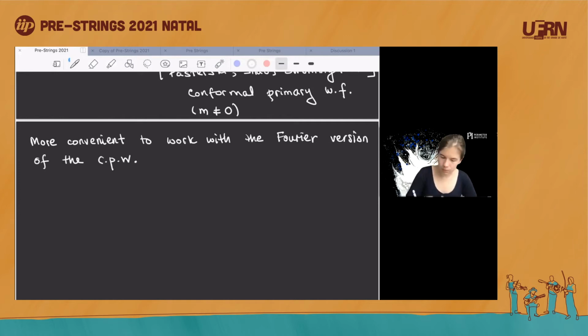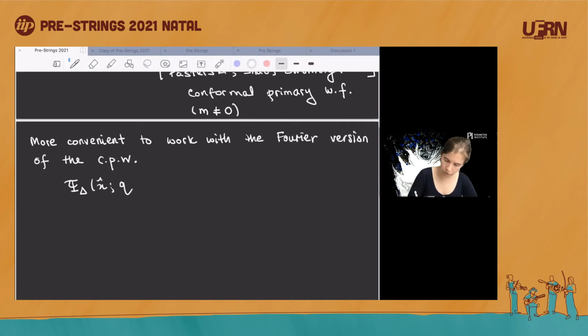In a moment, you're going to see why this is more convenient, because momentum space S-matrices are typically expressed on the basis of momentum eigenstates, and the representation of the conformal primary wave functions I'm going to write down now is going to allow you to immediately convert a momentum space scattering amplitude into this conformal primary basis.